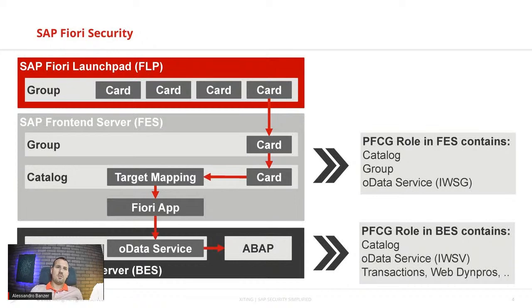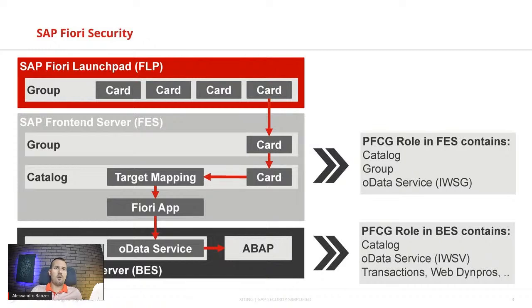We have the front-end server and we also have the back-end server. Depending on the deployment, we either have a central hub deployment, where we have a dedicated front-end server and the back-end server as a separate system, or we can have, and that's the recommended approach, the embedded approach, where we have front-end and back-end on the same system.